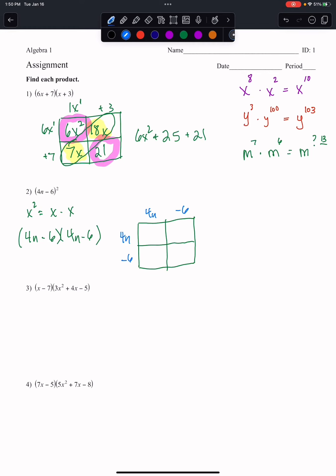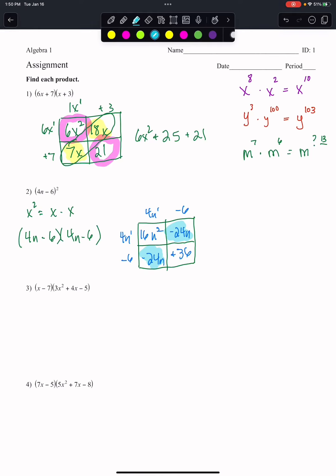And then I got 4 times 4 is 16. And then I got n to the 1 times n to the 1 makes n squared because there's 2 of them. And then I got 4n times negative 6, which is negative 24n. Negative 6 times 4n again, that's negative 24n. And then negative 6 times negative 6 is a positive 36. So my box is filled out. Colored the diagonals.